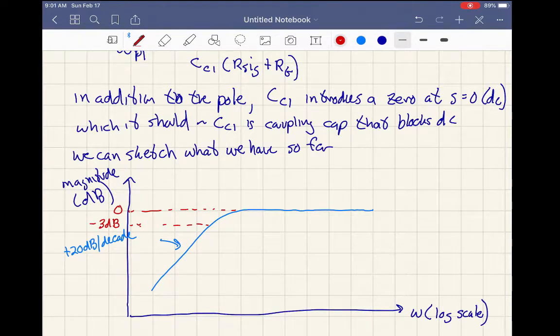And I'm going to show omega P1 here. Let me write a little note: this sketch is the magnitude of the high pass function.